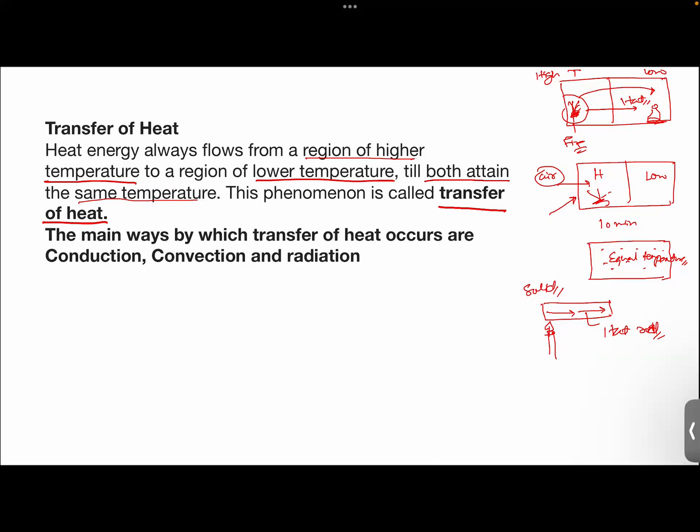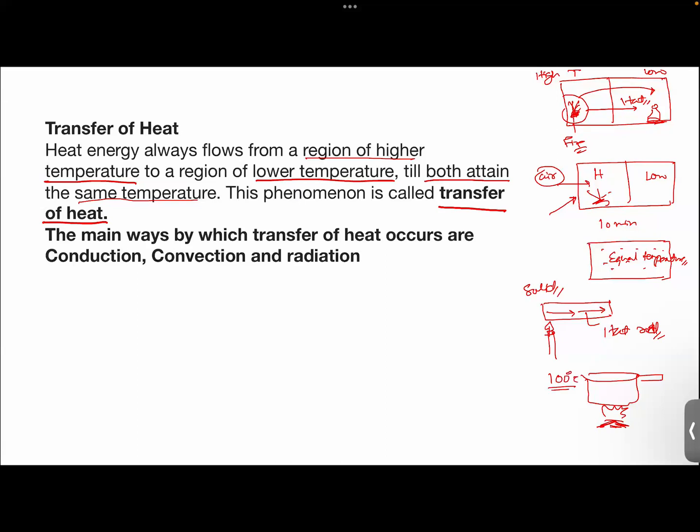All right. And also if you are heating water, you will see bubbles appear, and there's rigorous motion of water molecules. When the temperature reaches close to 100 degrees Celsius, the water starts to boil.